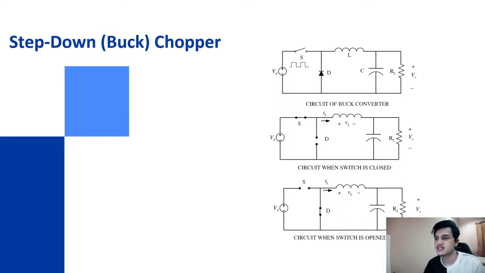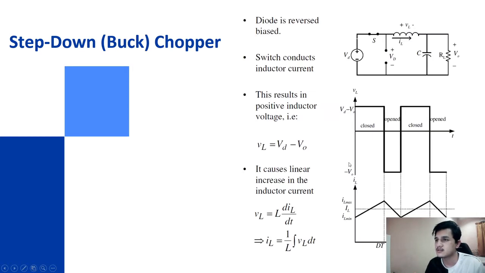As we can see, this is a circuit of the buck converter, the circuit when the switch is closed, and lastly the circuit when the switch is open. You can see the difference is at the S. So these are the criteria of the step down or buck chopper.